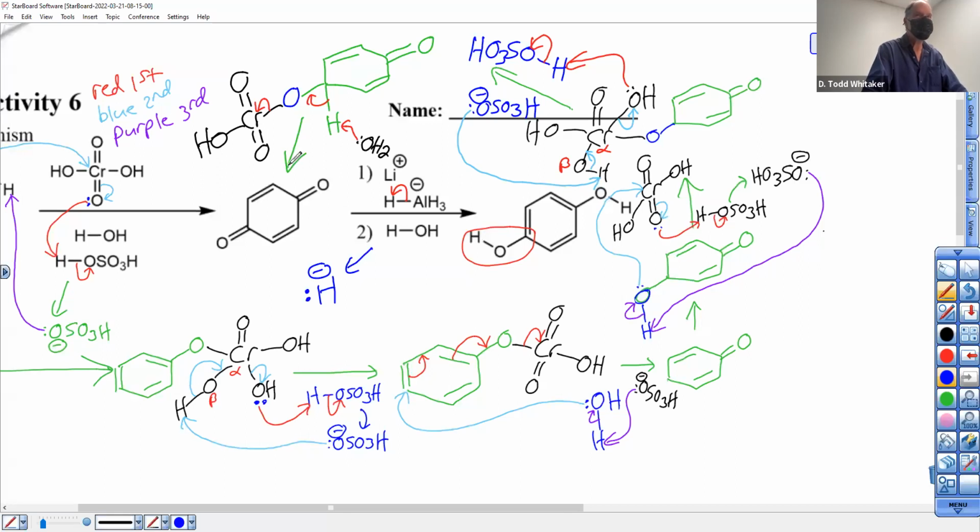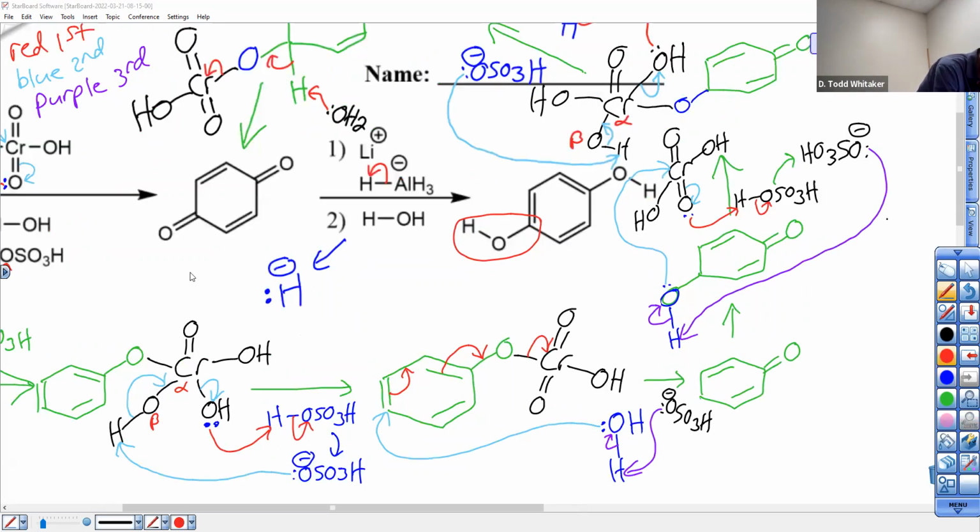Not the first time we've seen that either. We had an activity before the exam. There was a 1,8 addition. If I attack here, you've just made the oxygen position number 1 because you attacked it. Resonate past 2 and 3, past 4 and 5, to 6, and then 7 and 8. Here's the numbering for the mechanism. 1, 2, 3, 4.